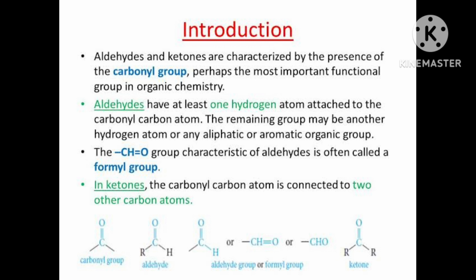Then RCO-O-COR. Both RCO groups are attached through the oxygen in the middle. This is the general formula of acid anhydride: RCO, then O, and then COR.